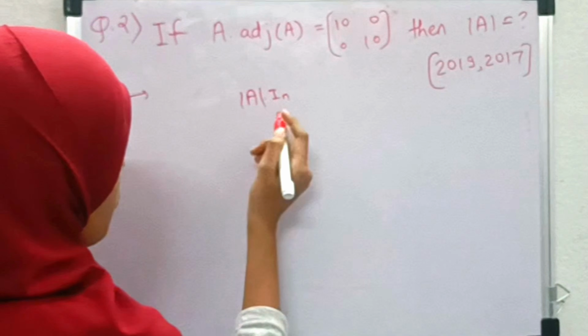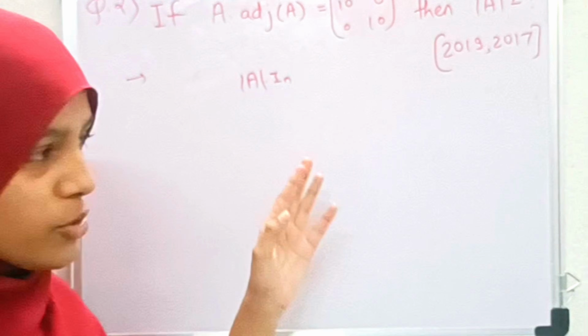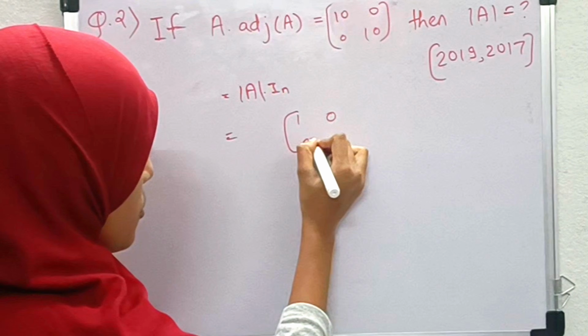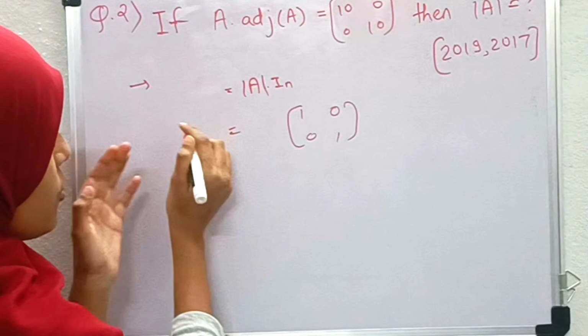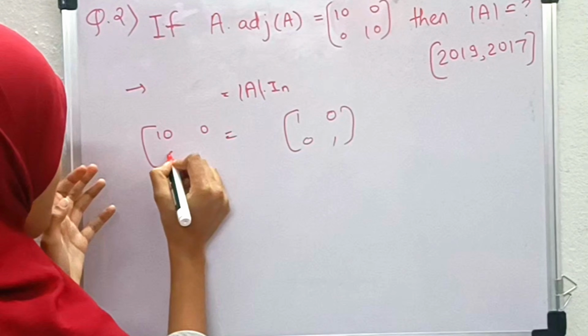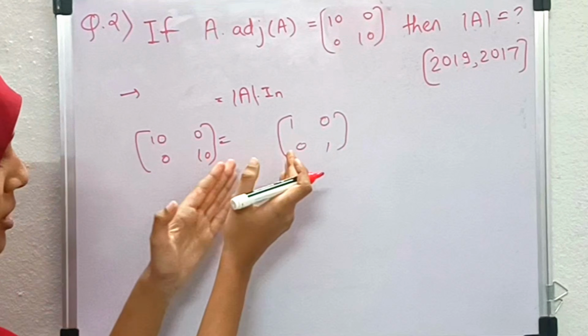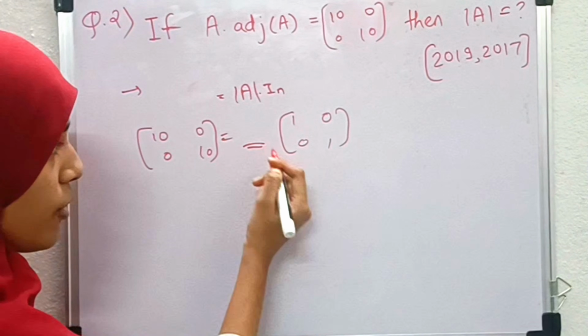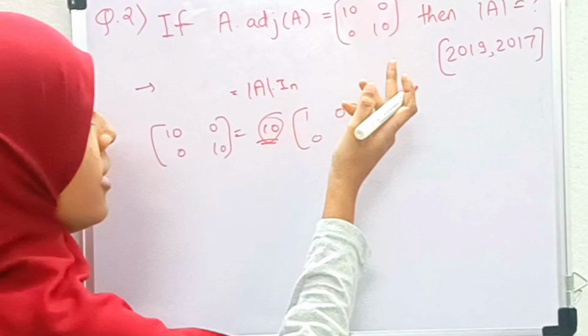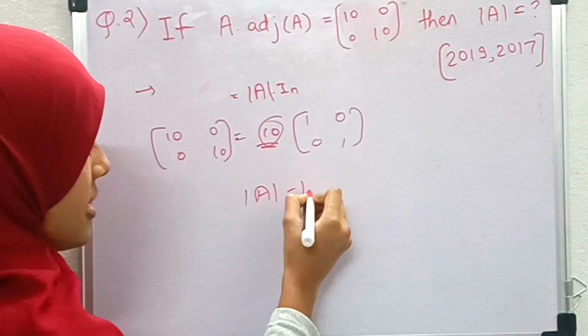This is a 2 by 2 matrix, so In will be the identity matrix I2, that is 1, 0, 0, 1. So simply comparing, what will be the value of determinant of A? It will be 10. So the value of determinant of A is 10.